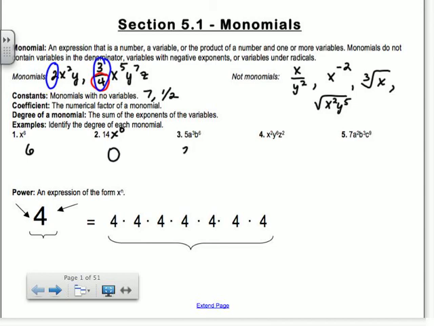Number 3 is what I told you, you add the degrees, so 3 plus 6 equals 9. Number 4 would be 2 plus 6 plus 2, so it's 10. And number 5 would be 2 plus 3 plus 9, so 14.